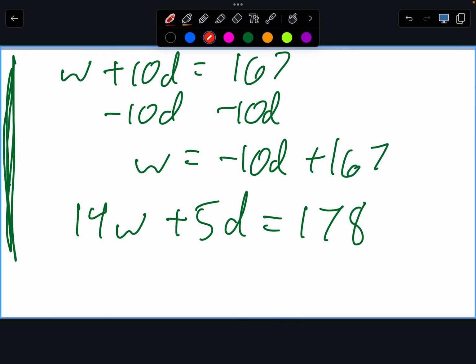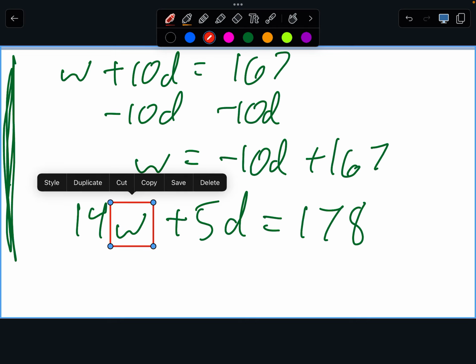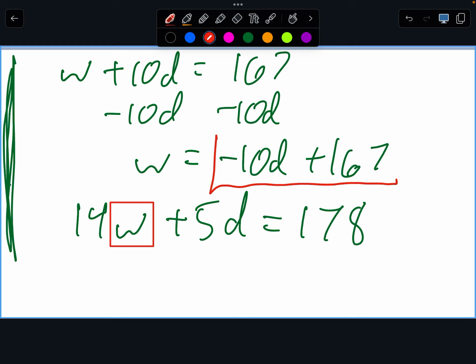Now we have the other equation of 14W plus 5D equals 178. We can replace W in this equation with something it's equivalent to, which is negative 10D plus 167. Okay. And of course, you can use a calculator on the assessment.